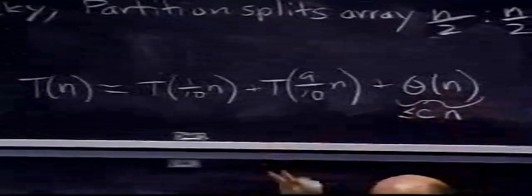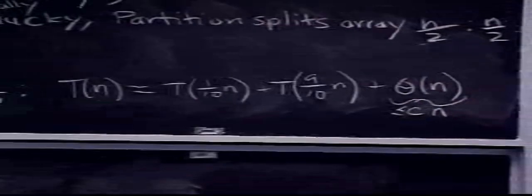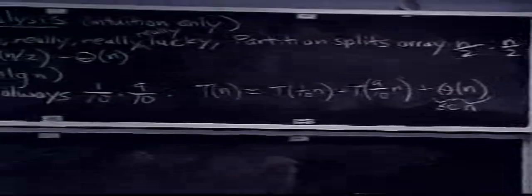First, I'm going to simplify the recurrence a little bit. I'm going to say that it's less than or equal to some Cn, and that way I won't have thetas showing up in my recurrence. I could say it's some h of n, where h of n is order n, but it's easier to see what's going on if I just put the bound of Cn in it.